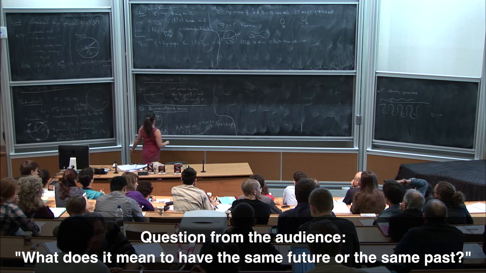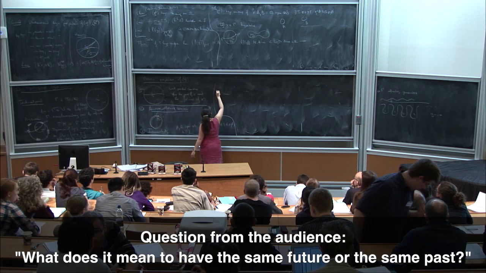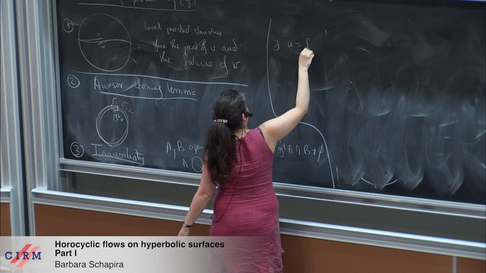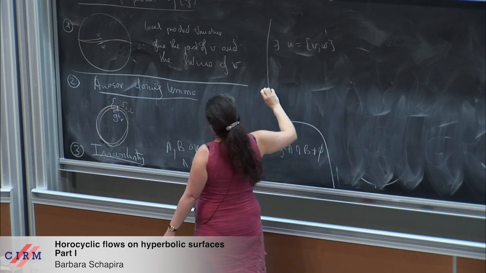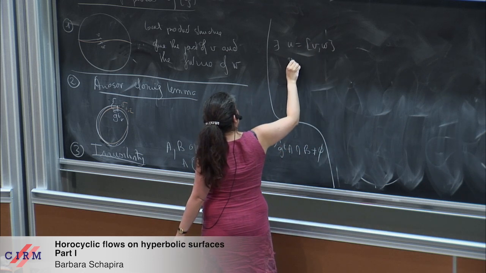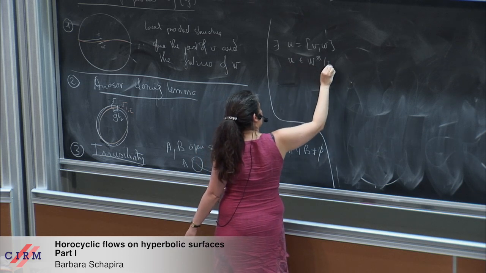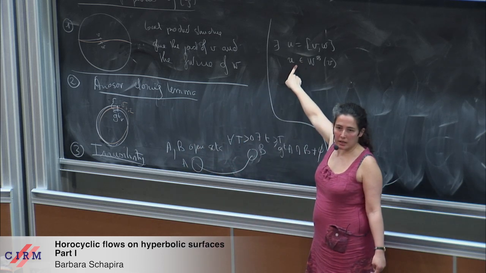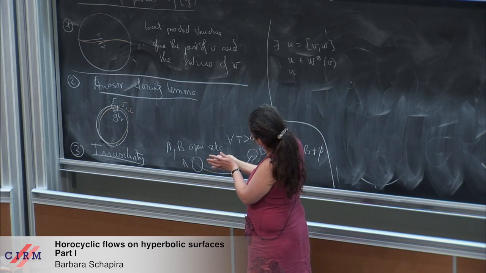Okay, there exists a vector U, which is sometimes denoted like that, such that U belongs to the strong stable manifold of V. That means exactly that it has the same future. And it is a flow.